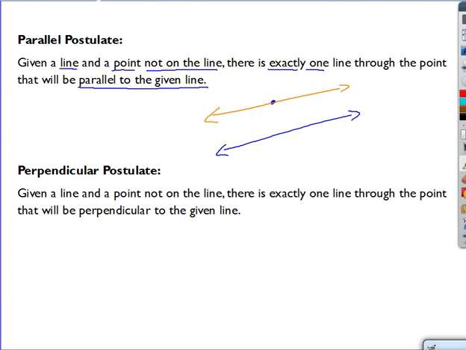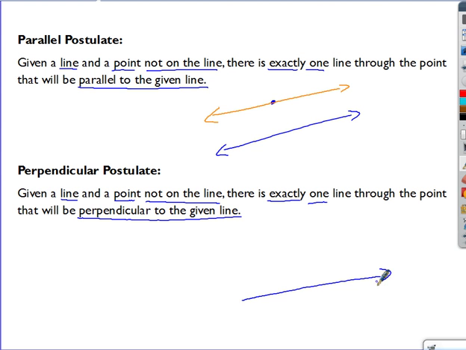The second postulate that we need to know and understand is the perpendicular postulate. And the perpendicular postulate states, given a line and a point not on that line, so starting the exact same way, there is exactly one line through that point that will be perpendicular to the given line. So essentially it's exactly the same thing, but now we're talking about perpendicular.